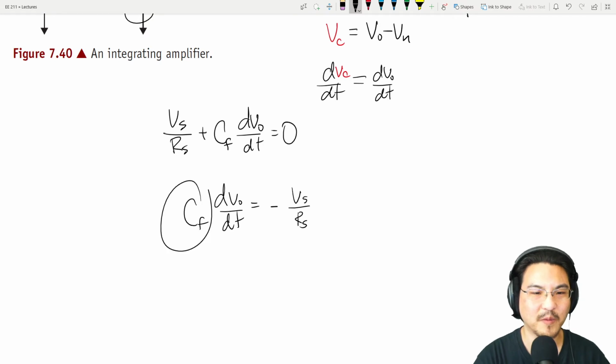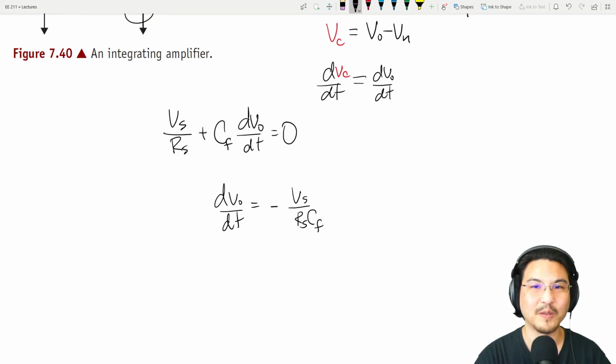Okay, and then I'll move this over here in the denominator. All right, and let's do separation of variables. So I'll move dt here, and then we can integrate.